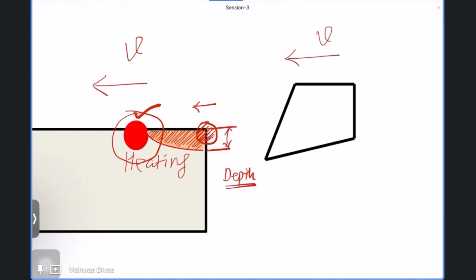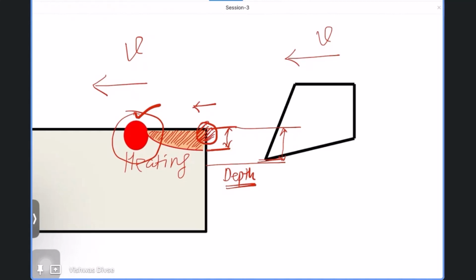If this conduction depth is very small and your feed is very large, let's say this is the feed value, then you will not see any reduction in the cutting forces. So there should be sufficient conduction of heat inside the workpiece, so that softening happens up to a sufficient depth, and that softened layer should be removed by the cutting tool. Then only can we get the advantage of laser assisted heating and machining.